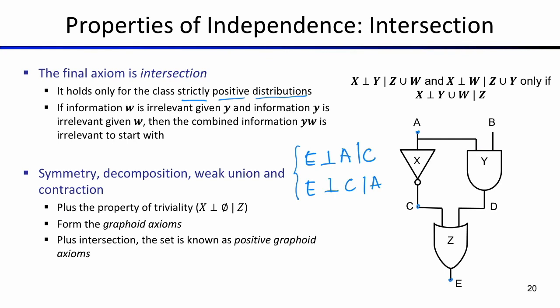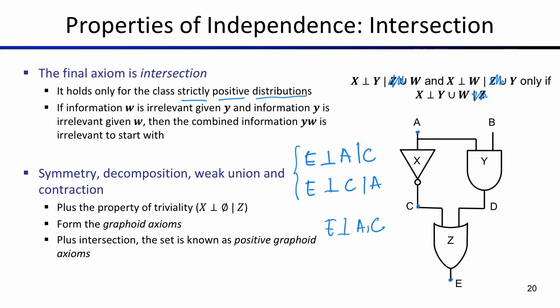In the simplest version of intersection, we can consider Z as an empty set of variables. So I will remove Z from here, from here, and from here. It's going to be a little simpler. So we can see that E is going to be X, A is going to be Y, and C is W. And basically what we have at the end is that E is independent of A and C. And that is clearly not true, right?